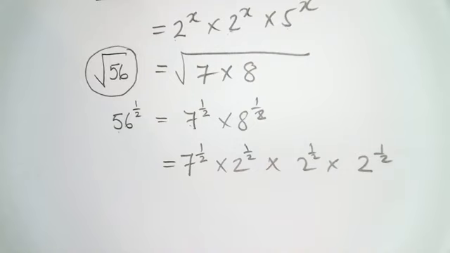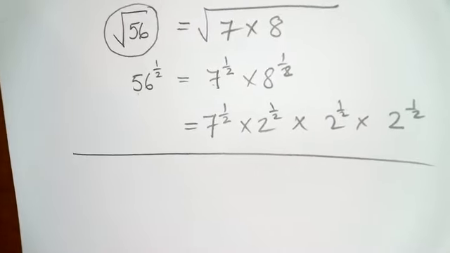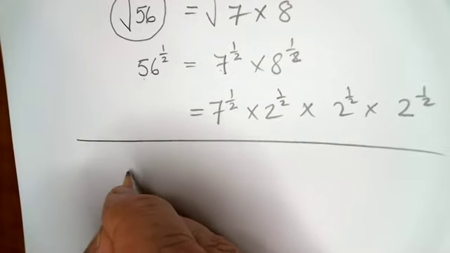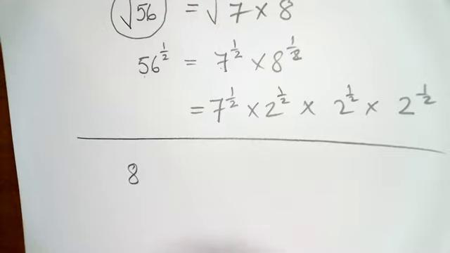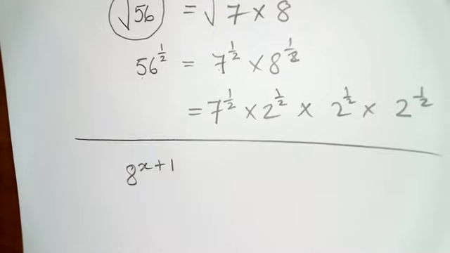So this is what we mean by bases. We can move the base around by finding its component factors, as long as we keep the power, the index, the same. So let's say you have a multiple term index. For example, let's say you had 8, and let's say this was to the power of x plus 1.